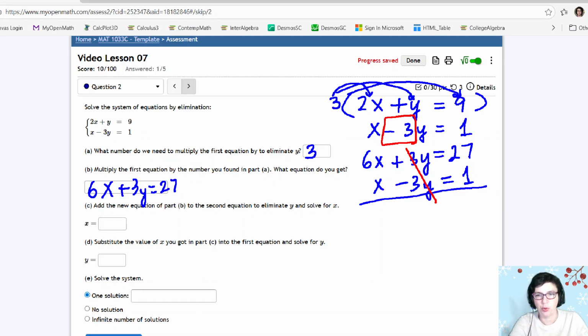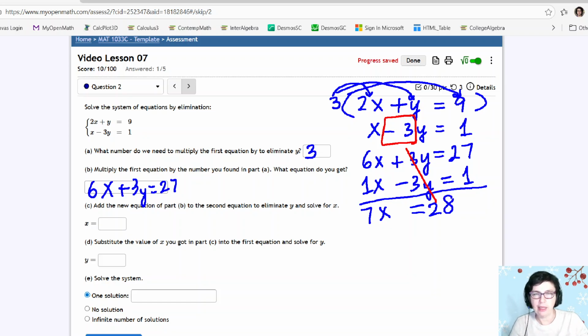That's why this method is called elimination. So what are we going to get on the left-hand side? Well, 6x plus x is like 6 cars plus a car. That would be 7 cars, right? So when it says x, this is the same thing as 1x. So when we add them up, we get 7x equals 27 plus 1, so that's 28.